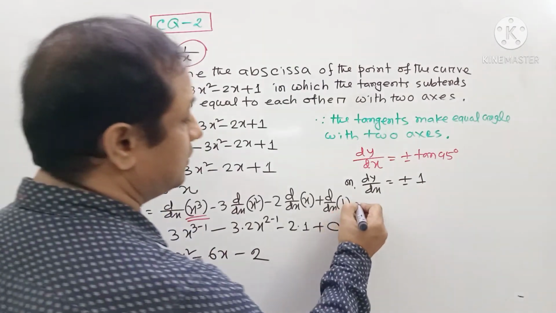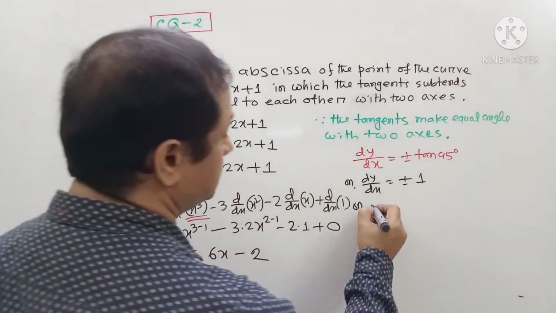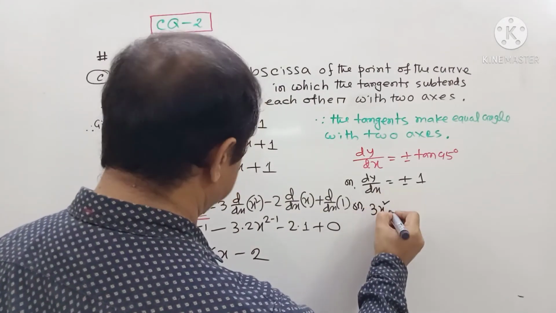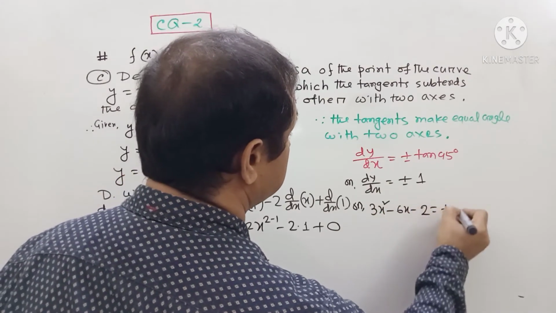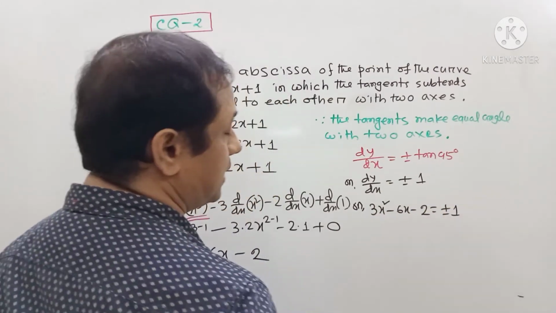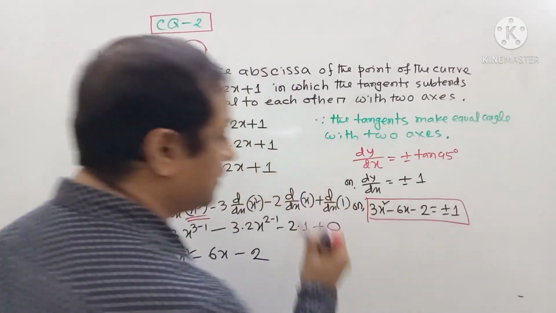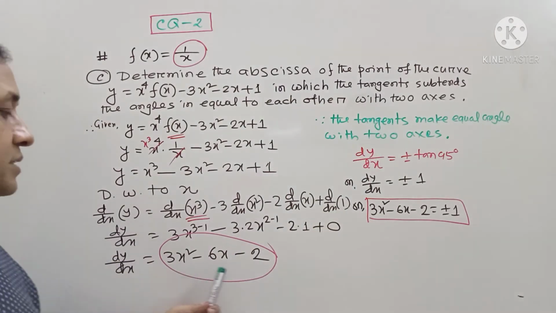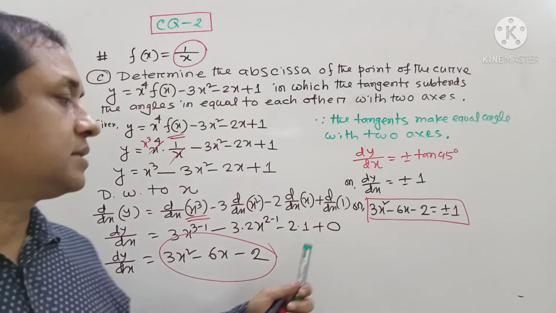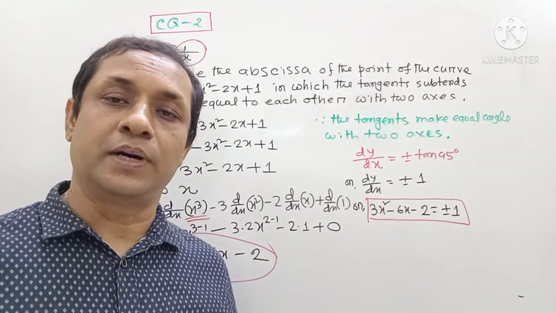Now putting the value of dy/dx, here dy/dx equals 3x squared minus 6x minus 2, and the right side will be plus minus 1.